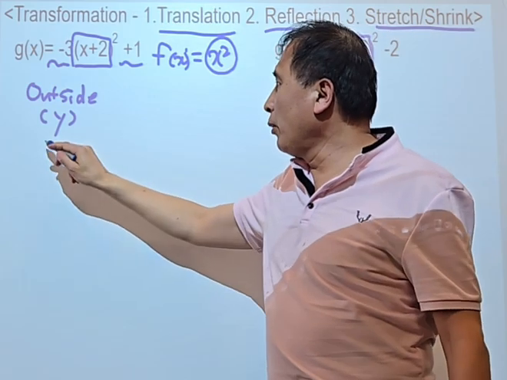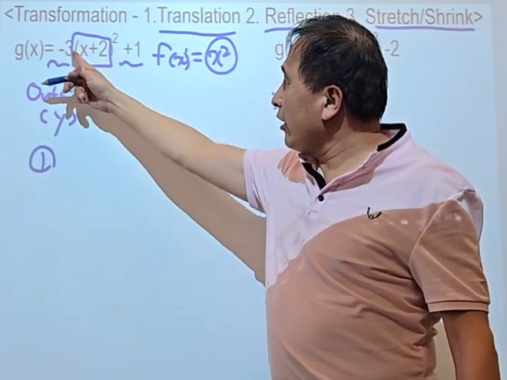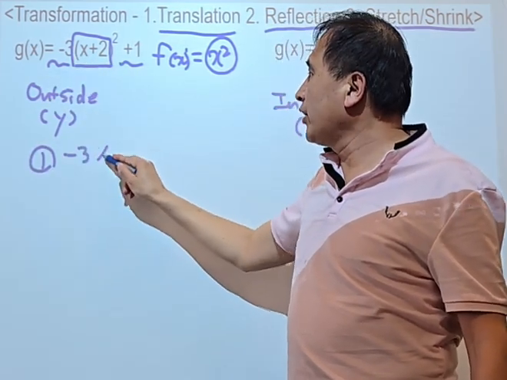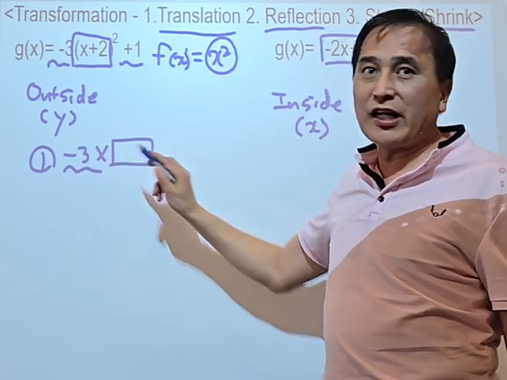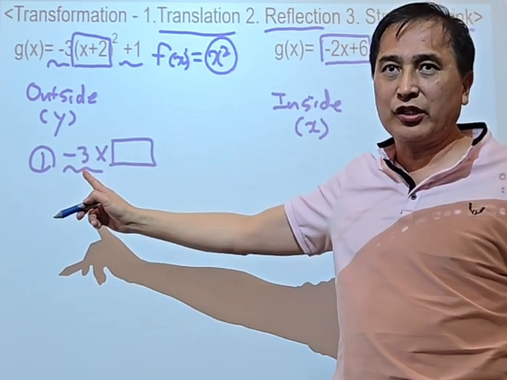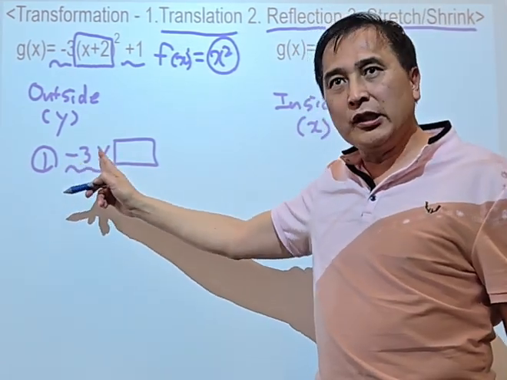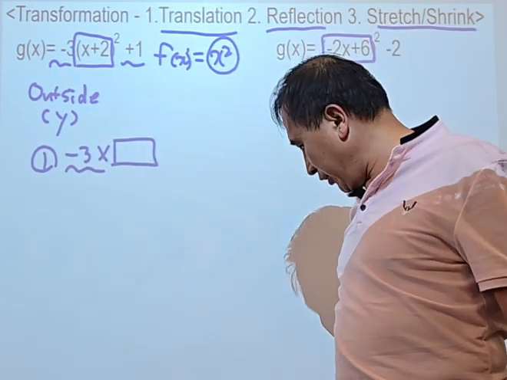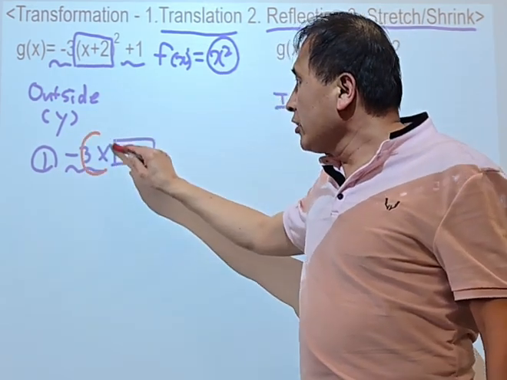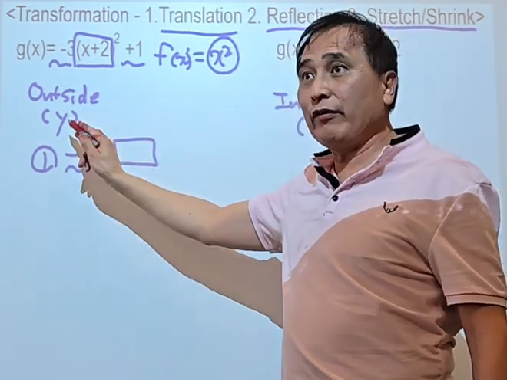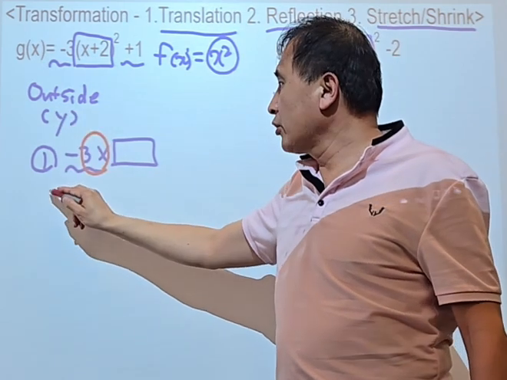Number one, outside there is negative 3 times something. There are actually two transformations there: the negative 1, which you need to separate, and the 3. Outside is y, and y is vertical.